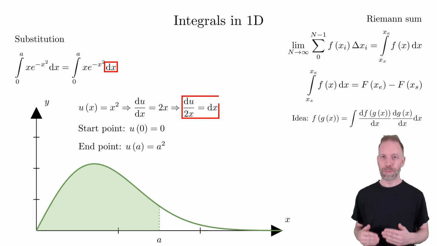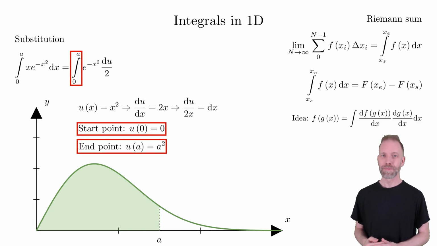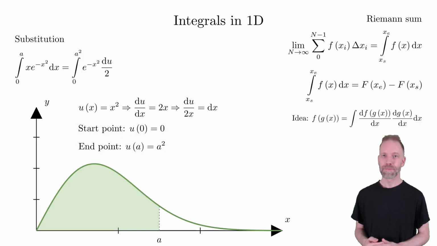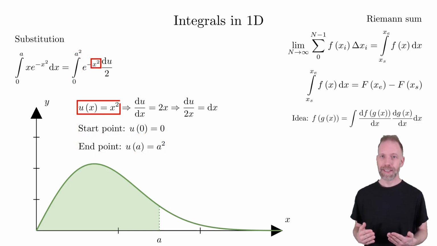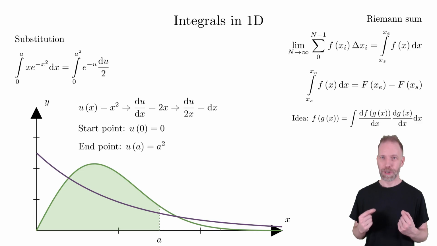Now we can start by replacing dx with our expression for it. And notice that the x will cancel. Next is to update the limits. And we replace x squared with u. This will give the following function in purple.